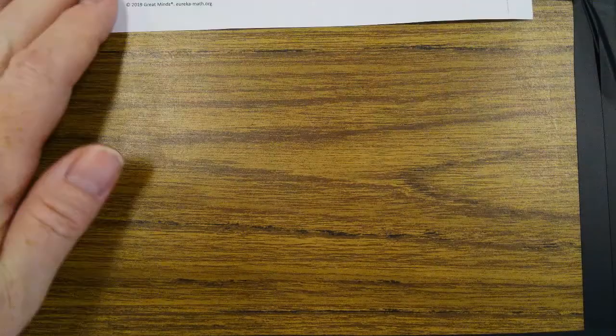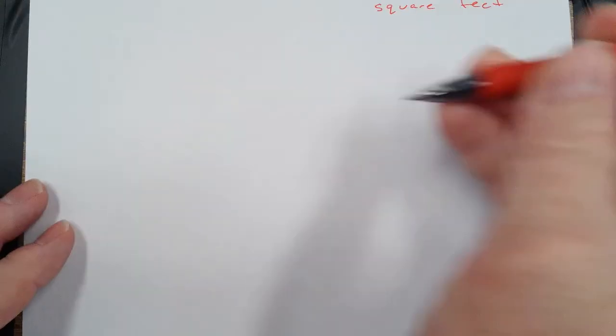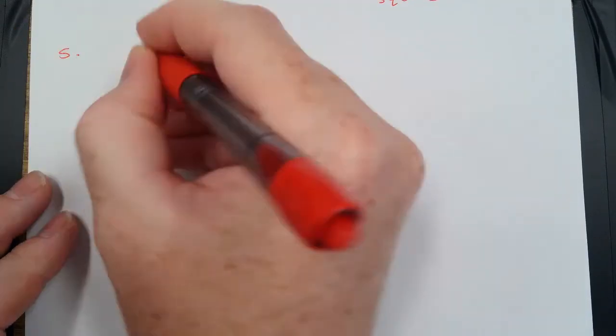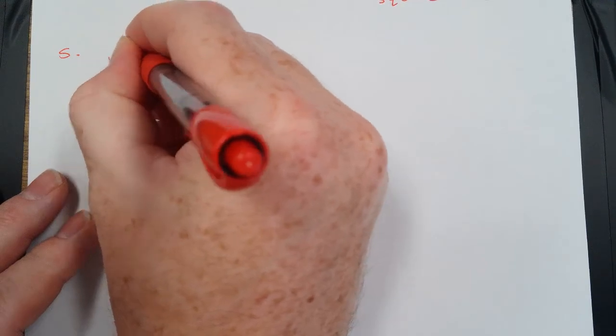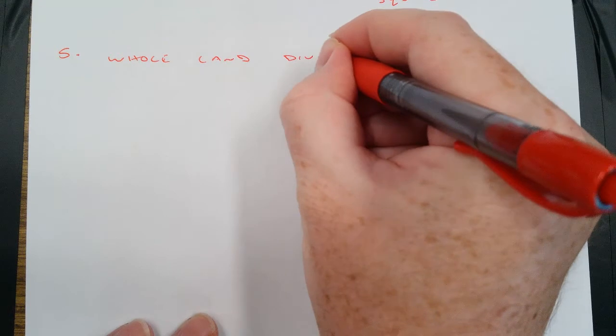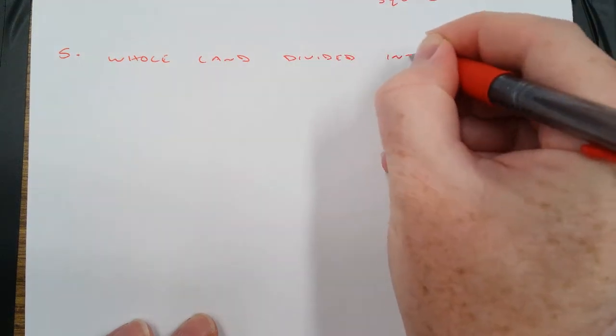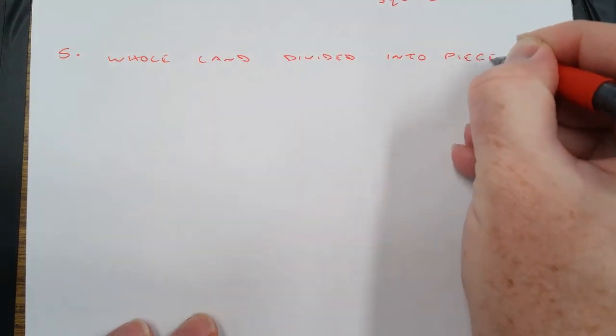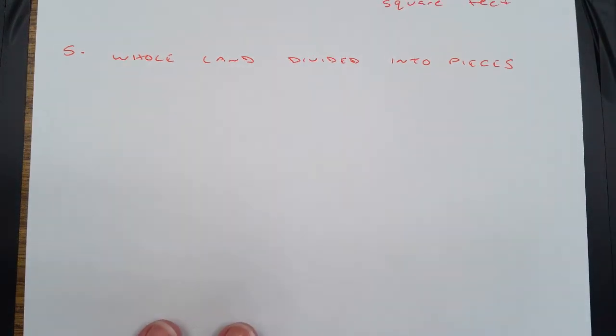So what they are doing for number 5, they are doing the whole land divided into pieces of land. That's all, that whole paragraph, that's all they're doing. They're taking land and they're making it into pieces, and they're selling one piece at a time.